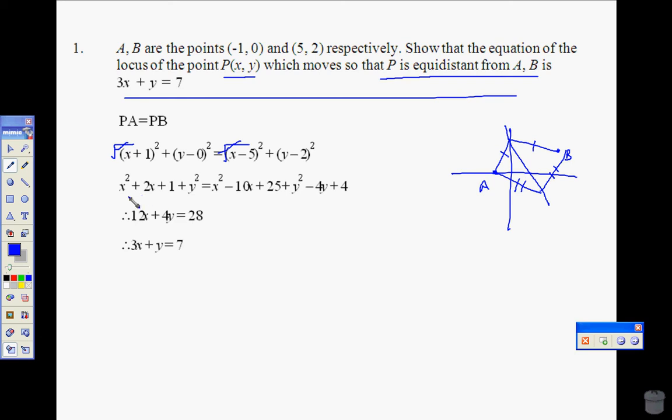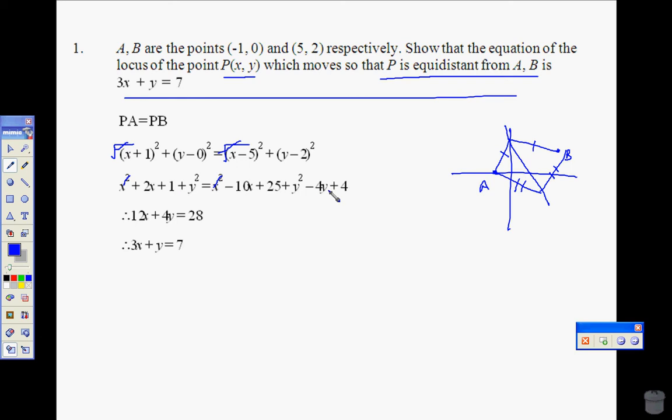Expanding this side gives me x squared plus 2x plus 1 plus y squared. This side gives us x squared minus 10x plus 25 plus y squared minus 4y plus 4. So there's our expansion of those. Now I start to collect like terms and cancel them out. 10x comes across, giving us 12x.